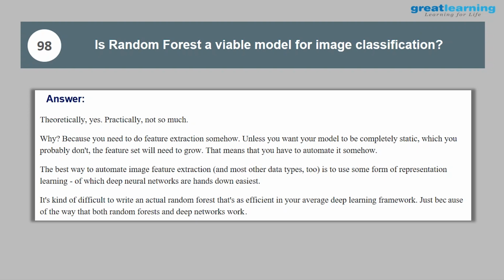The best way to automate image feature extraction and most other data types too is to use some form of representation learning, of which deep neural networks are hands down easiest. It's kind of difficult to write an actual random forest that's efficient in your average deep learning framework, just because of the way that both random forest and deep neural network work.